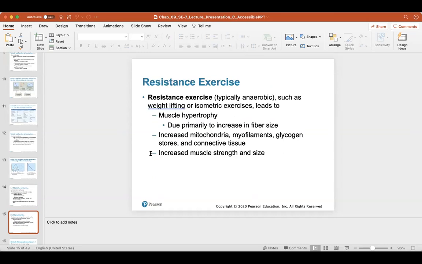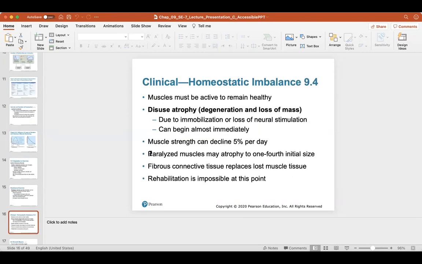Resistance exercise, such as weightlifting, leads to muscle hypertrophy, or increasing size, increased mitochondria, which is important, myofilaments, glycogen stores, and connective tissues, also increasing muscle strength and size. Muscles must be active to remain healthy.